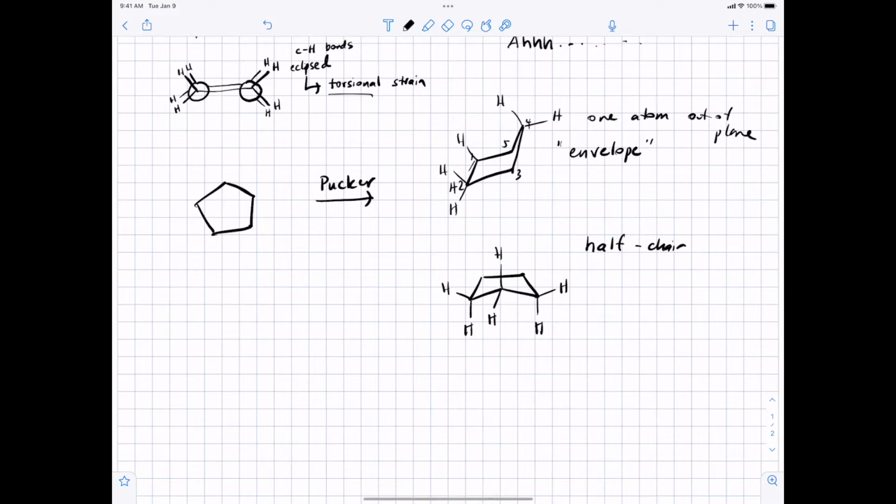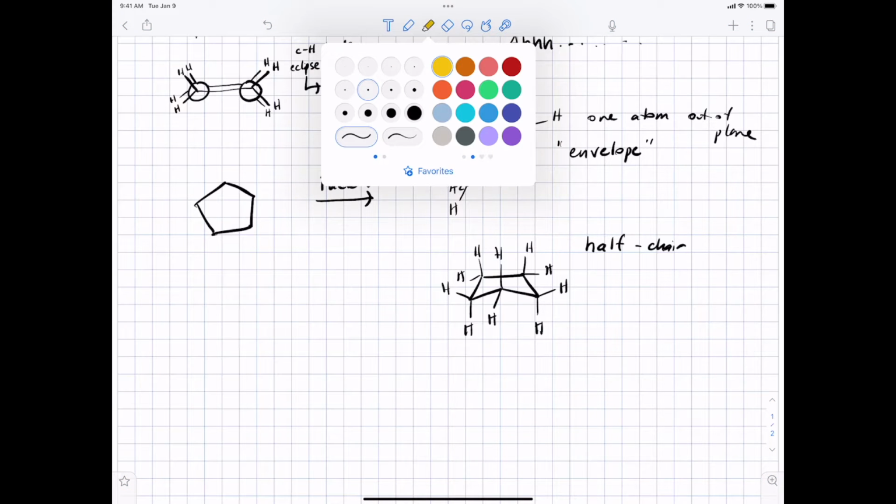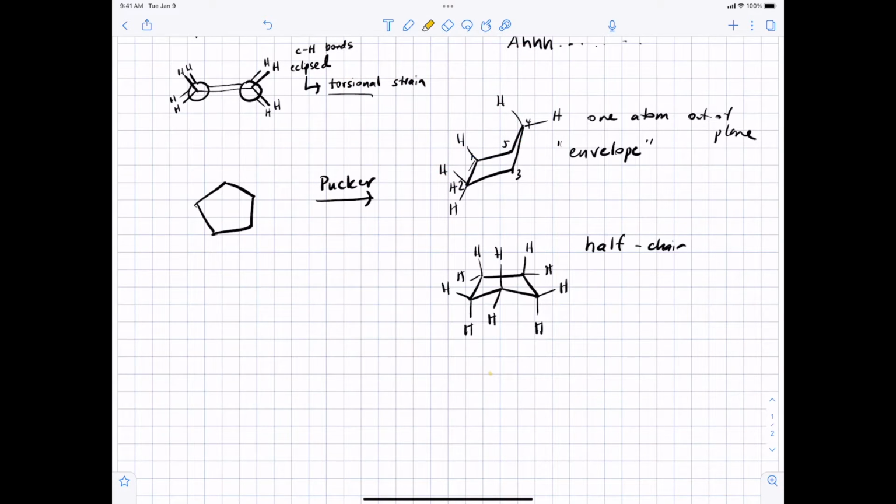I won't fill the hydrogens in the back very well, but you've got these three atoms, 1, 2, and 3, all in the same plane. And then you have these two atoms out of plane.